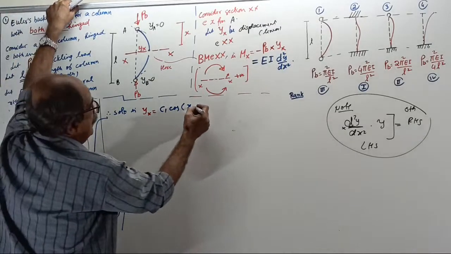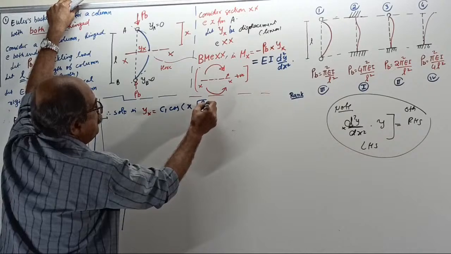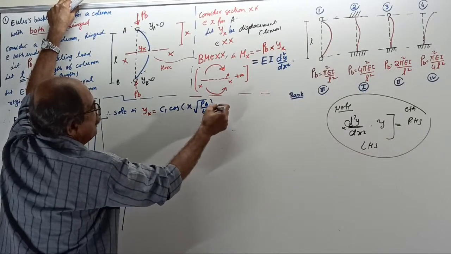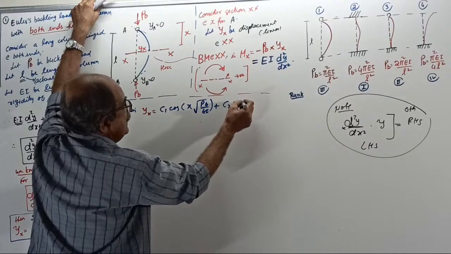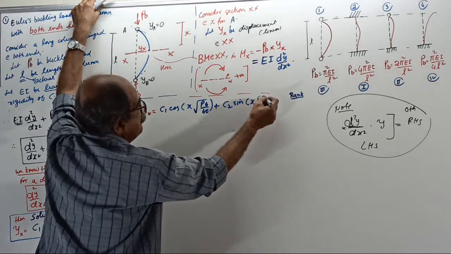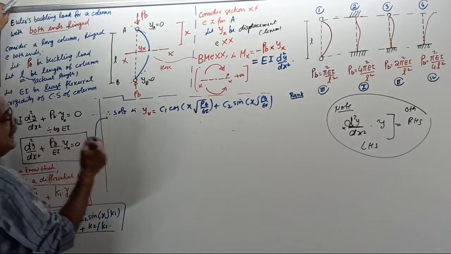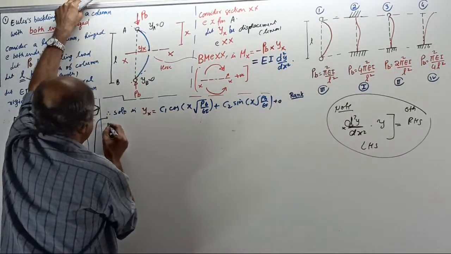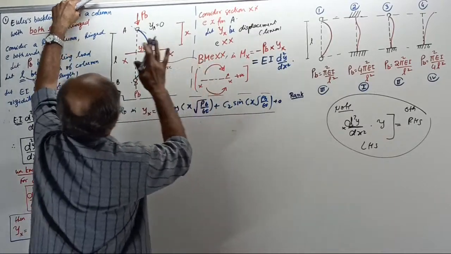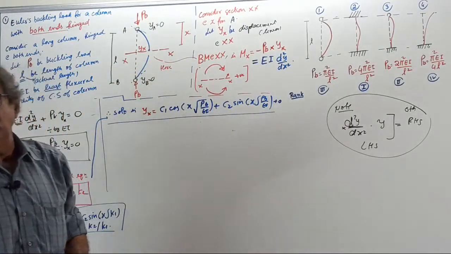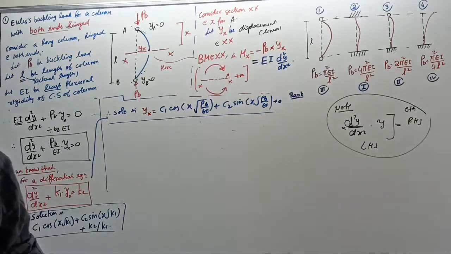So c1 cos of x root PB by EI plus c2 sin of x root PB by EI. Lastly, k2 by k1, 0 is there, plus 0. This is the solution for our case number 1 when both ends are pinned. Clear? Fully clear? You tell yes, I will go to boundary conditions. Both ends pinned is over within no time.